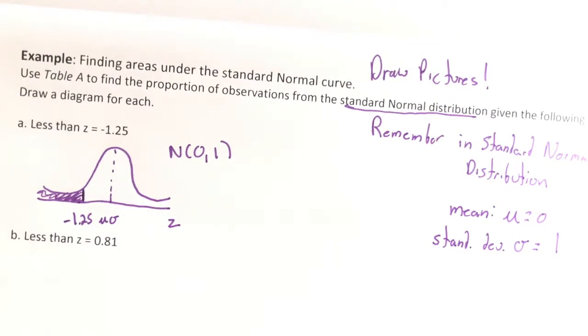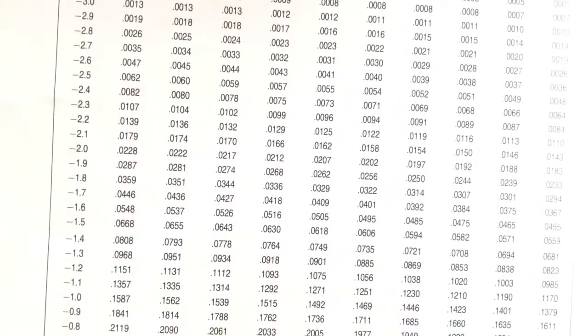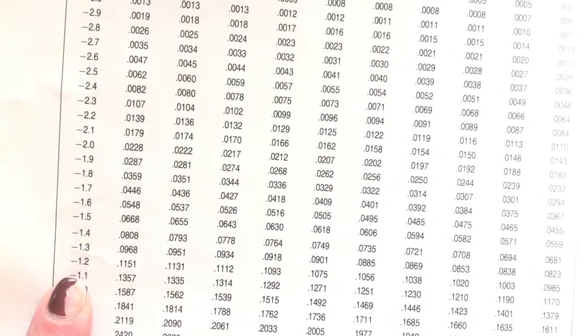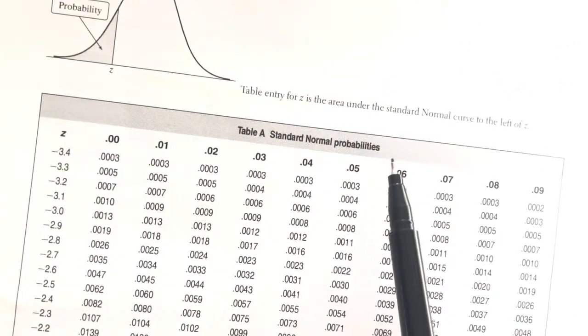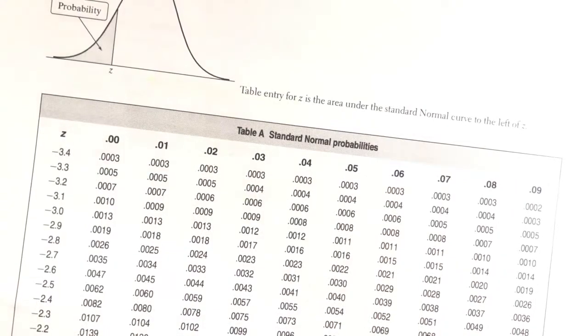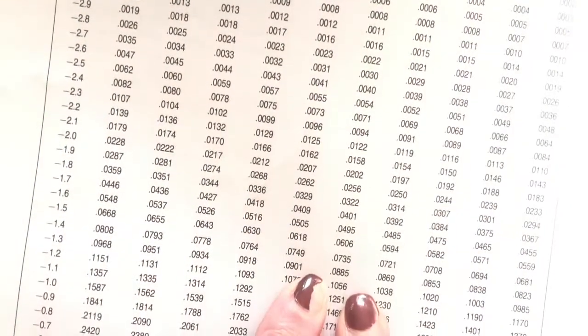Okay. So now you're going to pull out your table A. And you're going to find the side that has the negatives on it. So we're going to find our sides with negative 1.2. So I found my negative 1.2, and then you're going to go up to the top and find where the hundredths is 5, and you are going to come down and see where they meet. Negative 1.25, I'm going to slide up so you guys can see that.